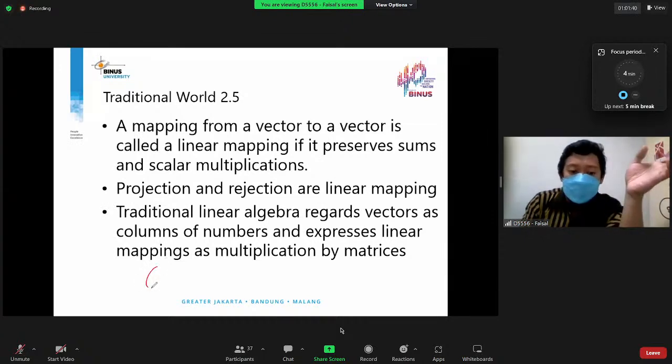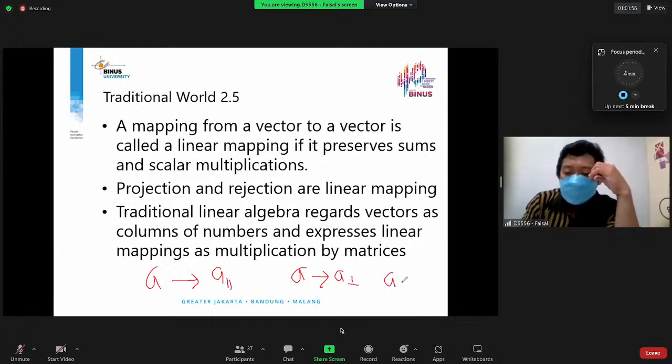Reflection also. Projection is from A to this symbol, the rejection is this one, and the reflection is this one.